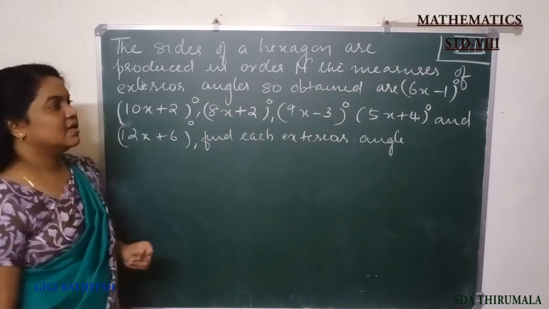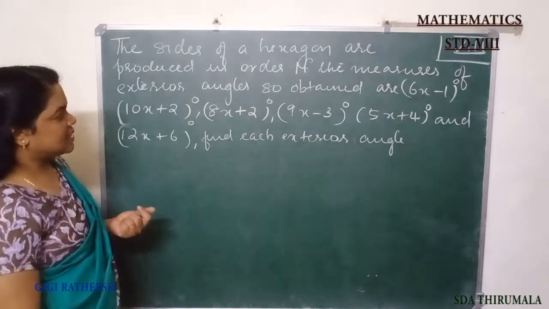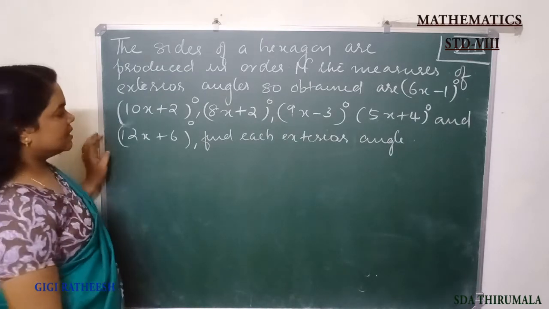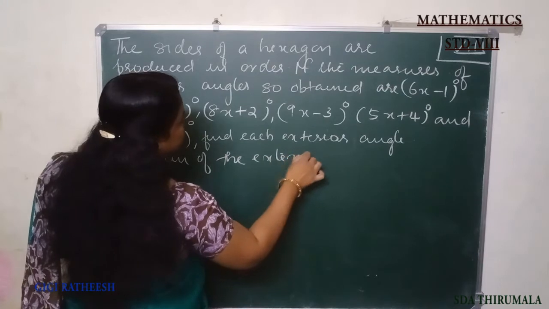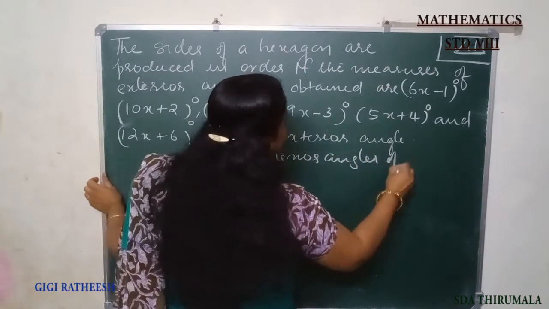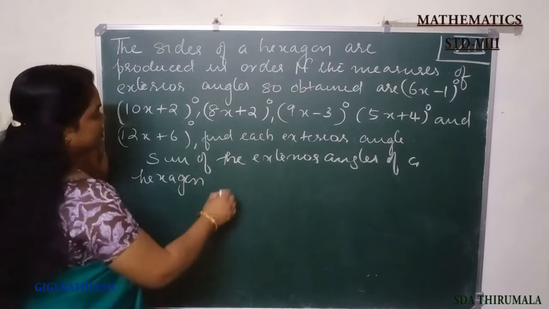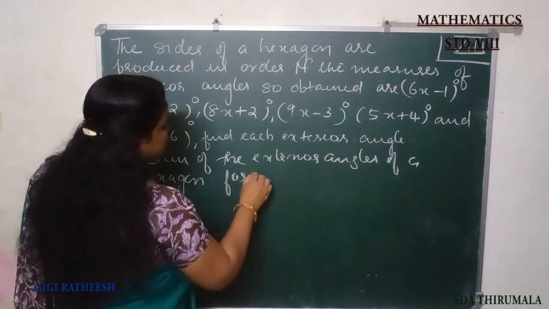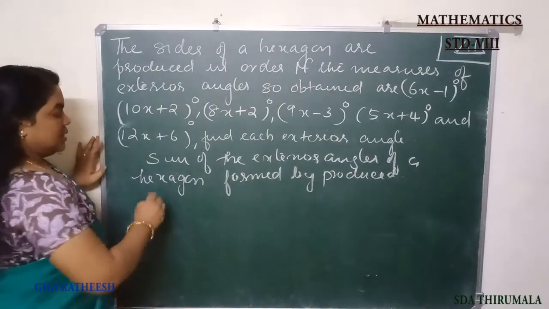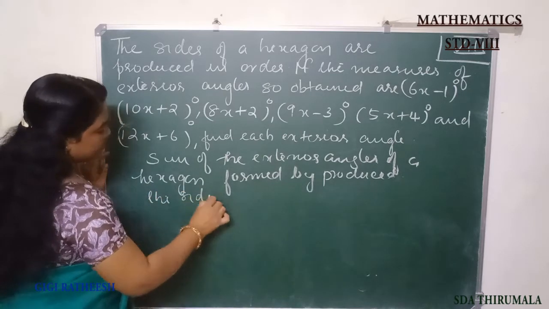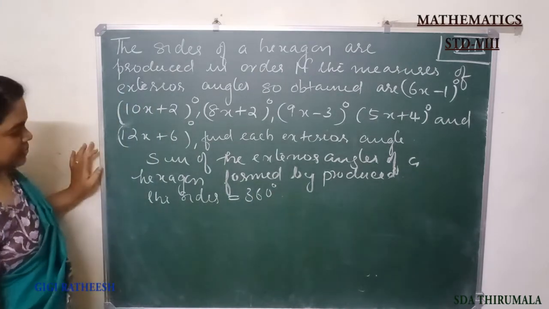We know that the sum of the exterior angles of a hexagon, formed by producing its sides, is equal to 360 degrees. The sum of the exterior angles of a hexagon formed by producing the sides is equal to 360 degrees.